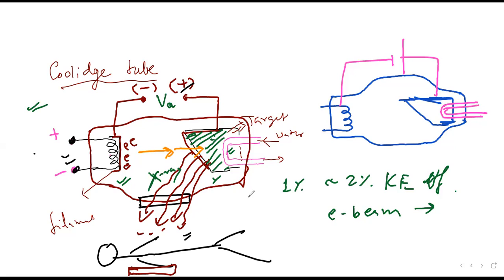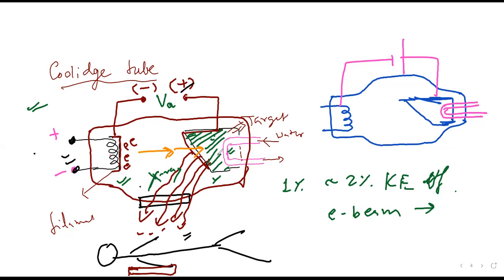And we can increase the energy of the X-rays by just increasing the kinetic energy of the electrons. Many times this is asked: how can we increase the energy level of X-rays and how can we increase the intensity of X-rays? Both are different.